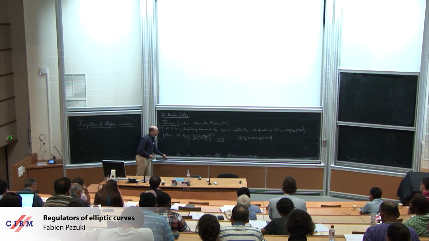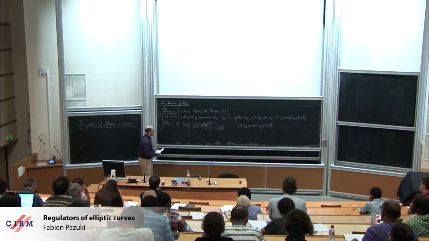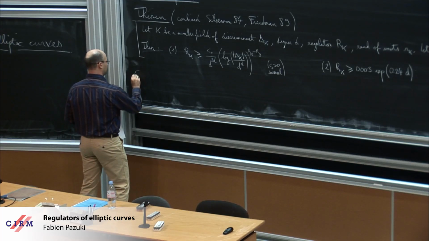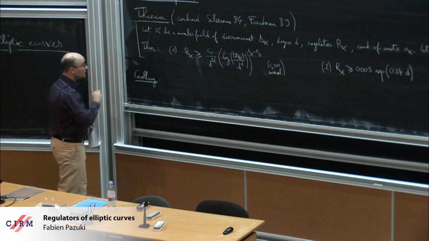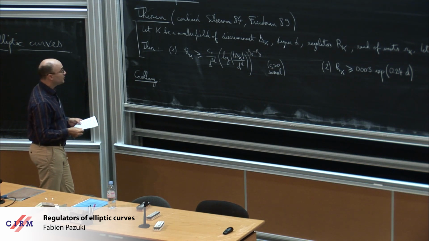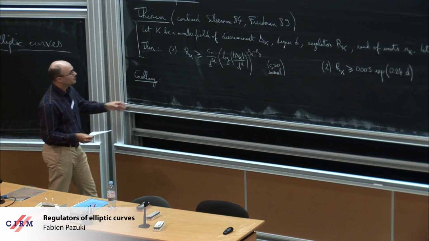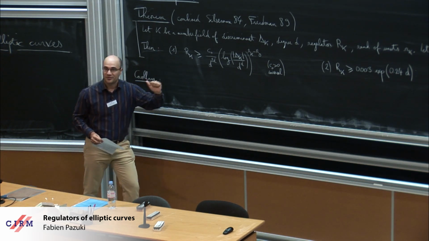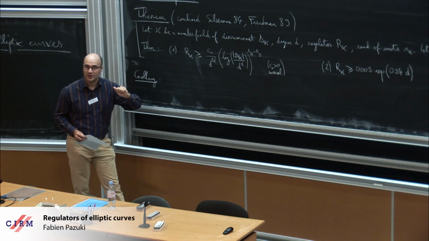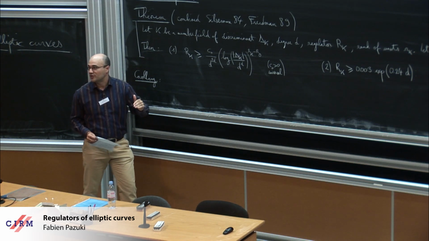Okay, so the corollary now. The corollary is the following. Imagine you have a family of number fields, and you want to understand if you bound the regulator from above.